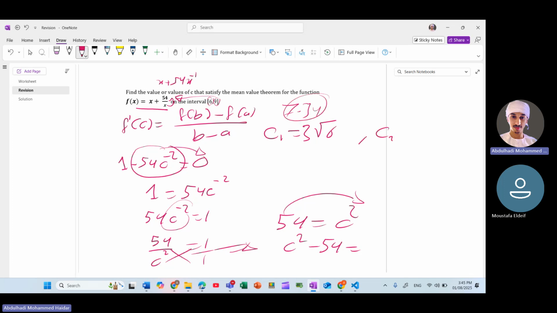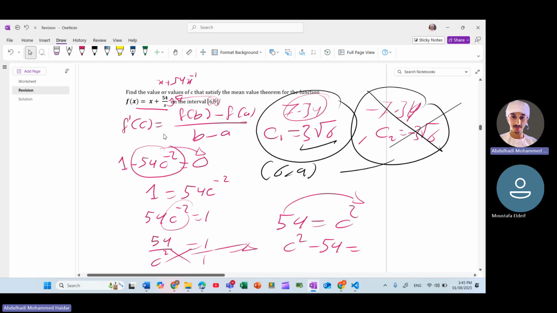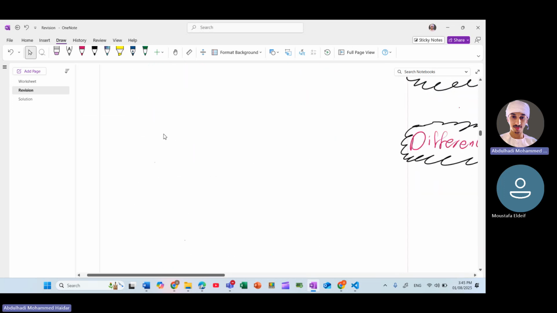And then C2 is minus 3 root 6, which is minus 7.34. We will accept this one since it is within the domain 6 to 9. But we are going to reject this one because it's not within the domain. That's it.